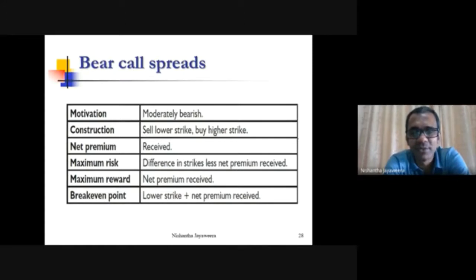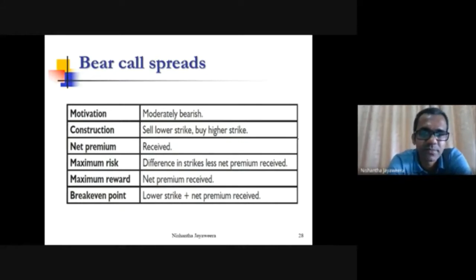You buy the put option if you expect a large drop, but you expect a moderate price drop here. So therefore, while you are buying a call option, you sold a call option as well. But the next one, you buy a put and you sell a put in a bear put spread.